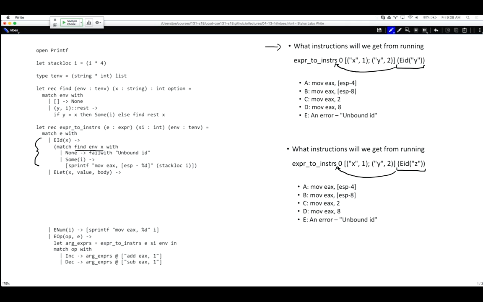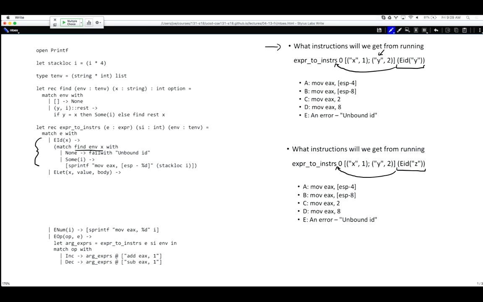So this is just linear search through a list that's mapping from strings to numbers. That's really what this env thing is. We could either succeed at finding it or not. Since y is in this list, we're going to find y and return the number associated with it, which is 2.